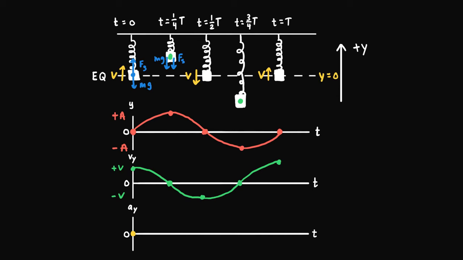And so if the net force points in the negative y direction, the object's acceleration will also point in the negative y direction. And so in my acceleration versus time graph, I need to make sure that that acceleration is negative, some value minus a. As the object comes back up to equilibrium, the forces will equate once again, they'll be equal, and so the acceleration will go from being negative back to being 0.